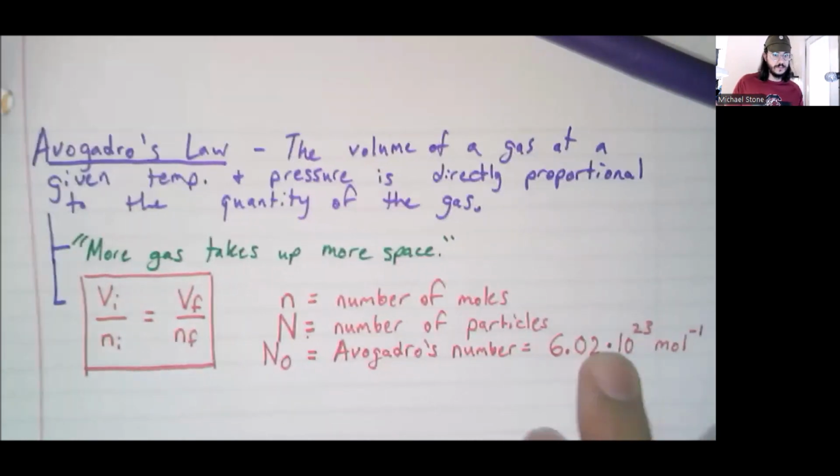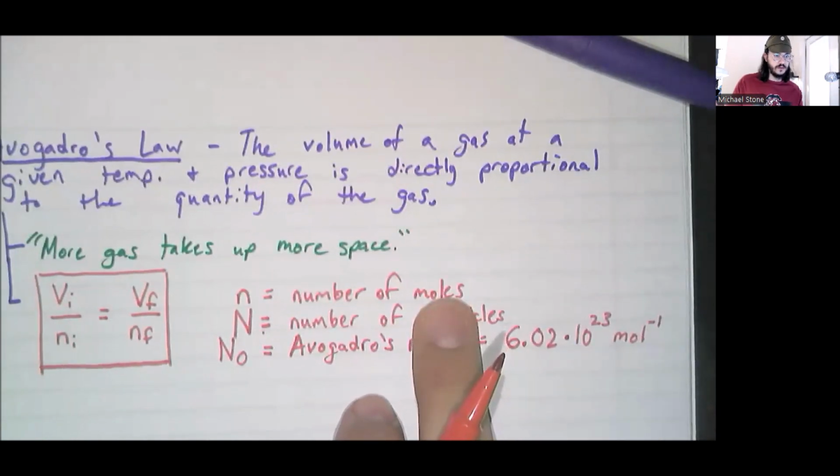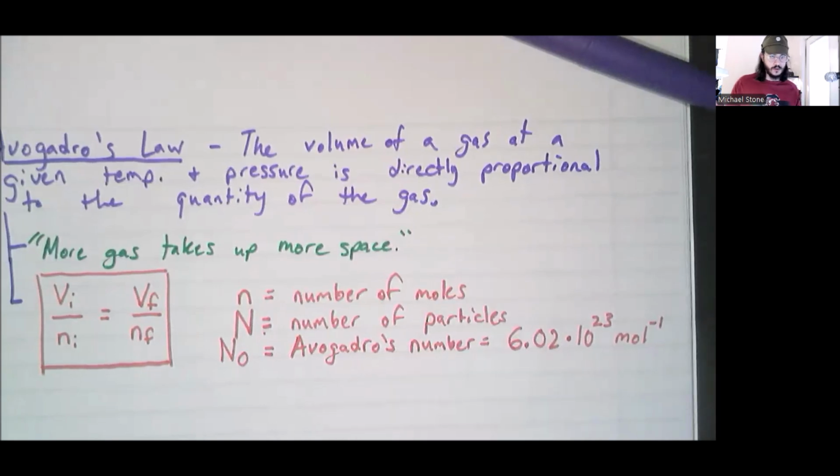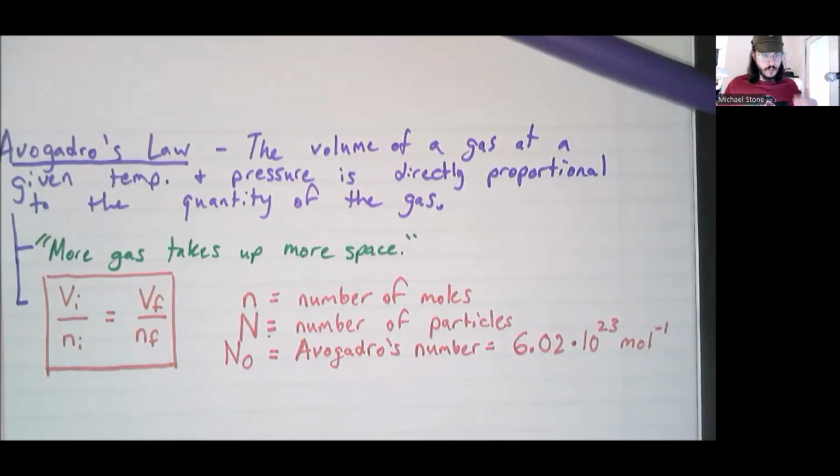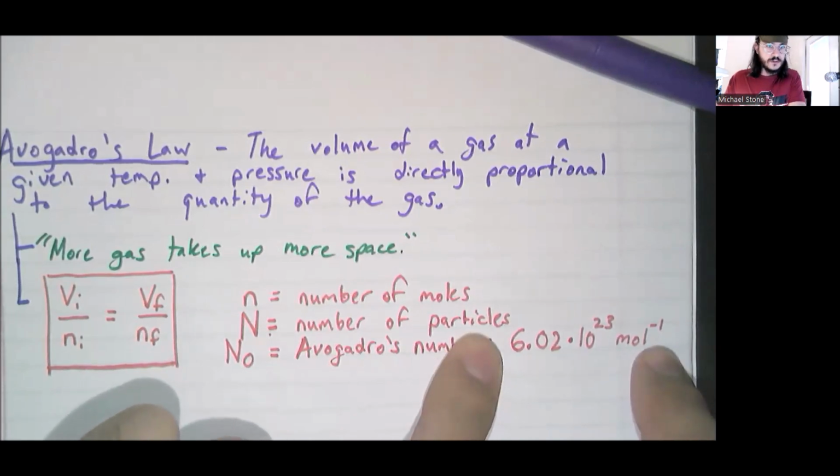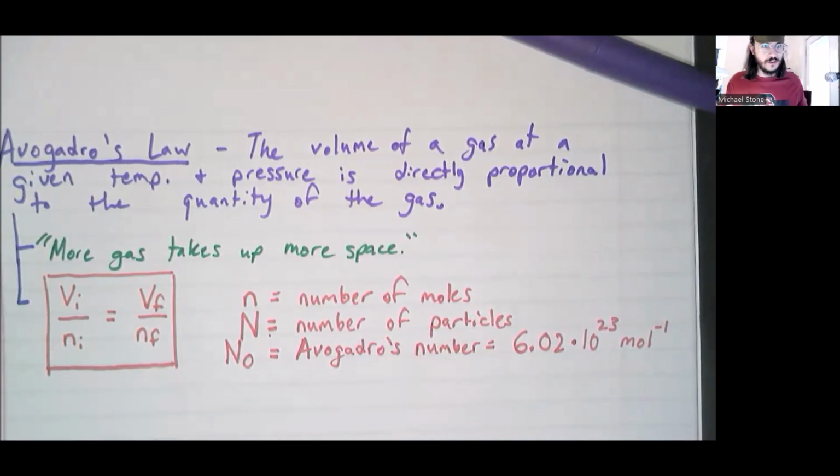What does that do? It allows you to turn a number of particles into a number of moles. If you have 1 mole of water, you have an Avogadro's number of water molecules.